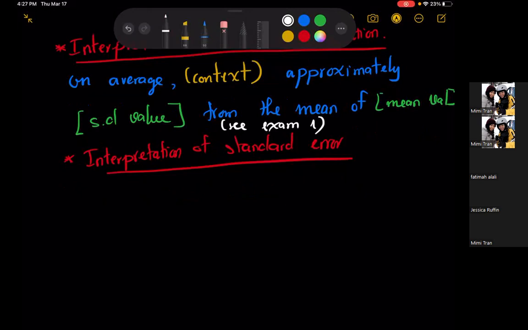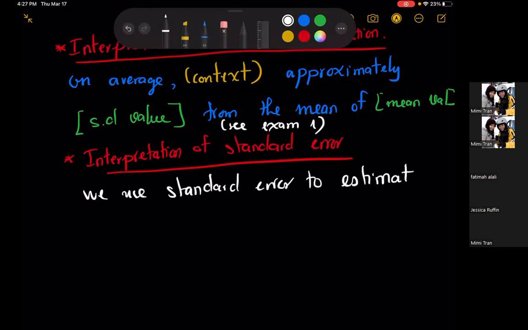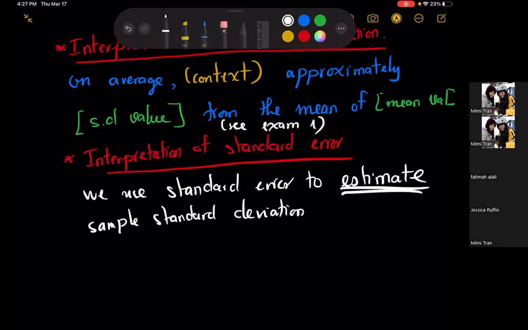Do you want to give it a shot? We estimate the standard deviation. So let me say here, we use standard error to estimate the sample standard deviation. And then we use the sample standard deviation to estimate the population standard deviation. Because we're estimating, if we use SE to estimate SD, then the interpretation should look like this.